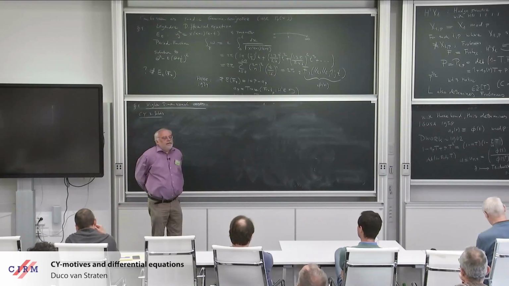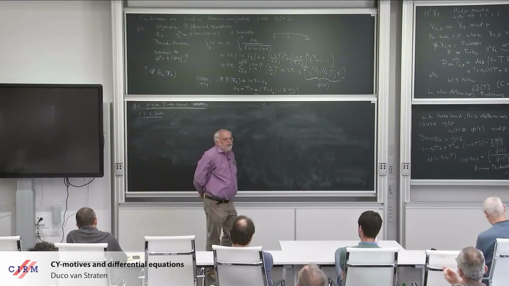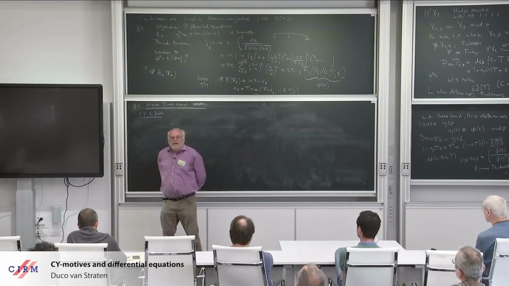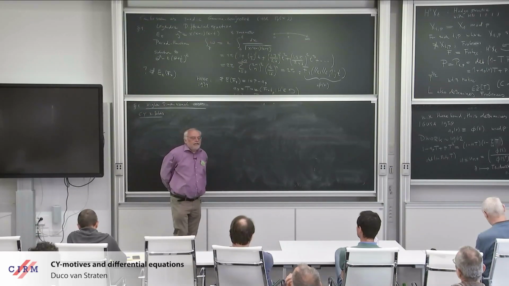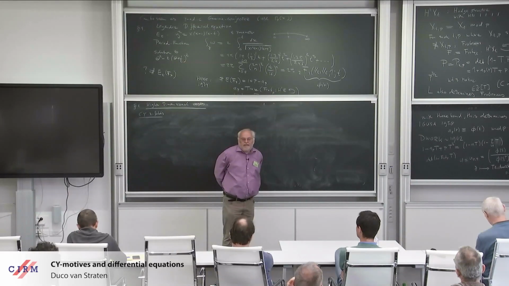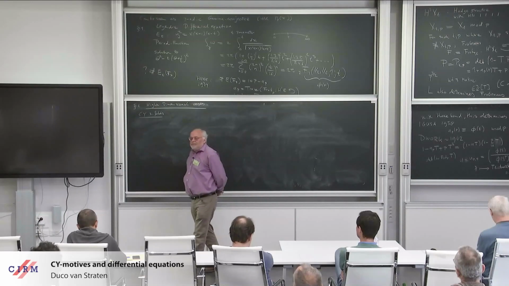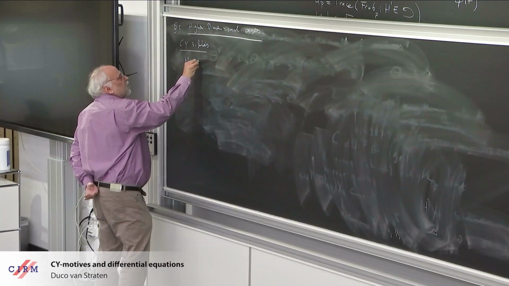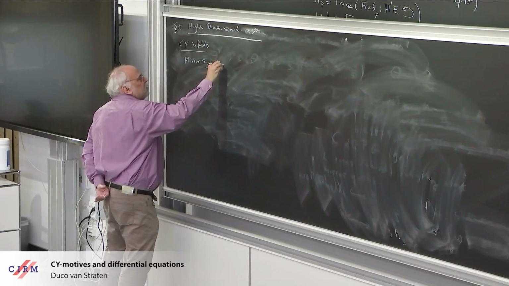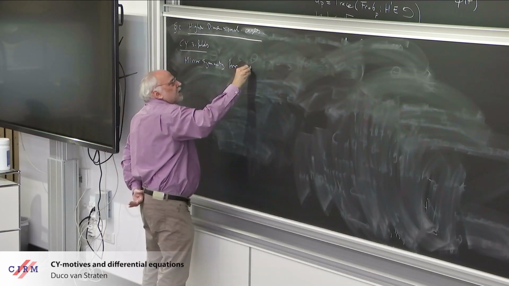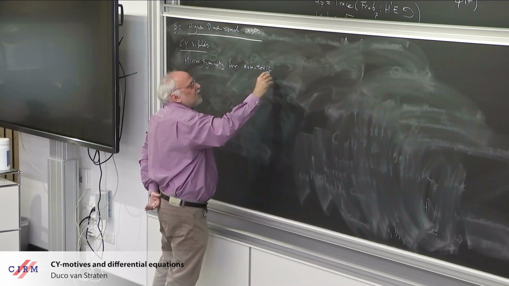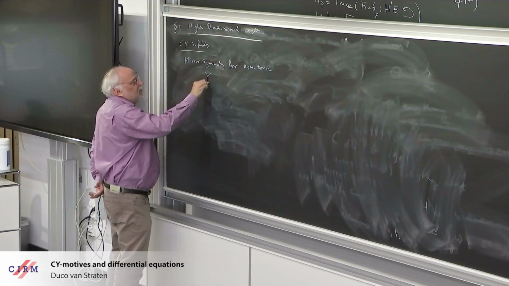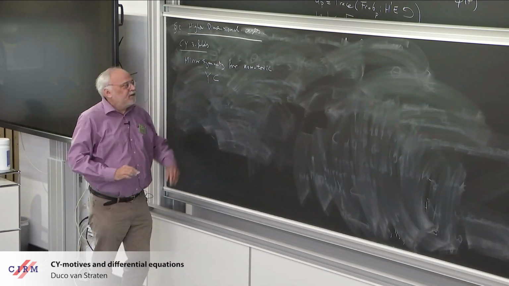And then one of my fondest memories was with Bumsig Kim, the encounter we had in Mittag-Leffler in 1996, where we decided to try to do mirror symmetry for non-toric. And in particular, we wanted to look at Calabi-Yaus, say, in other Fano manifolds.